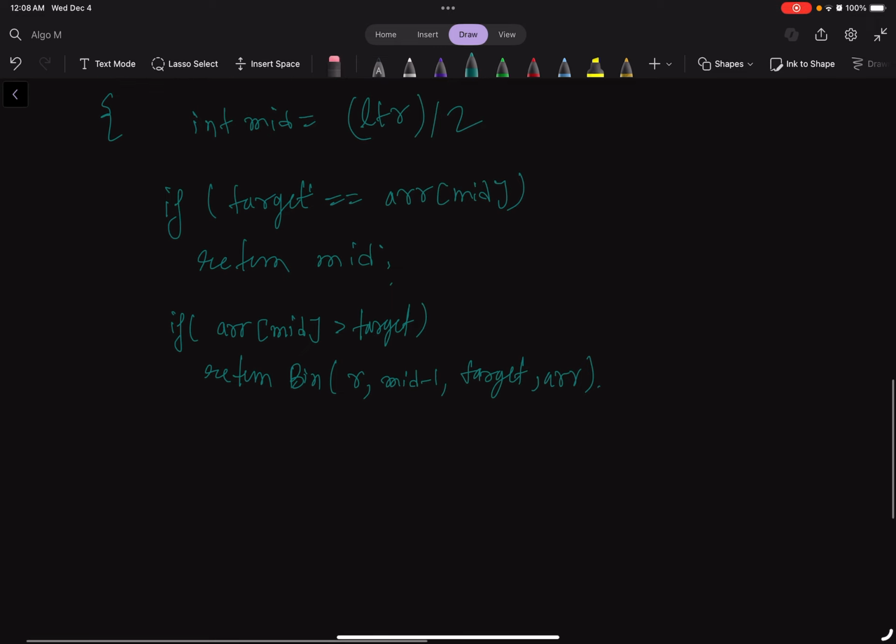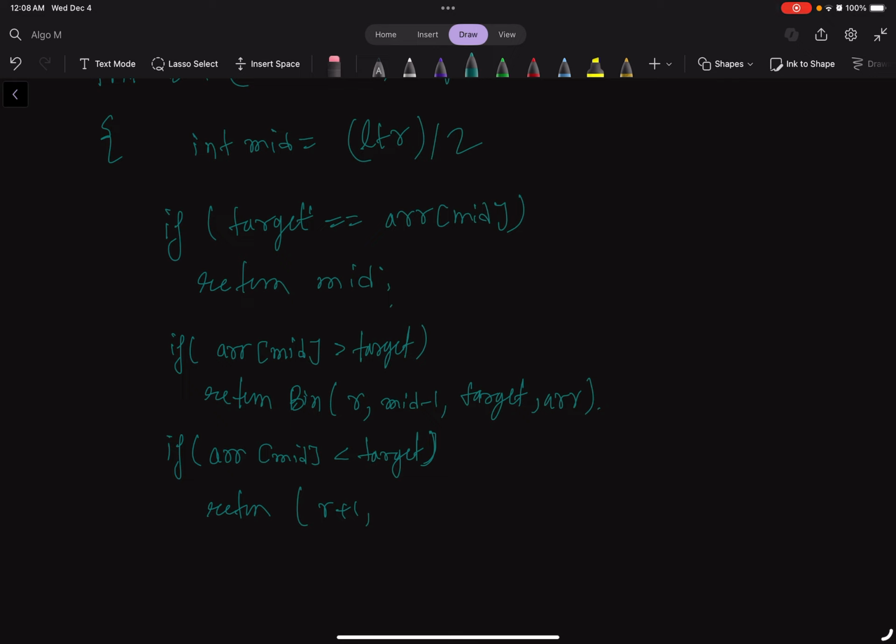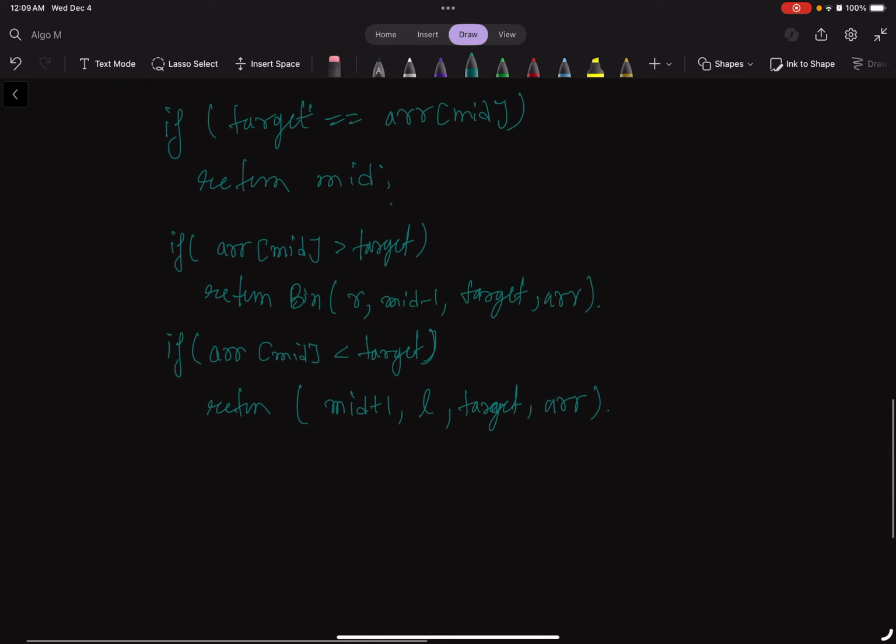Anyhow, if ARR of mid is less than target, then the left side is discarded, means return mid plus 1, comma right, comma target, comma ARR, and at the end just return -1. I guess this is it.